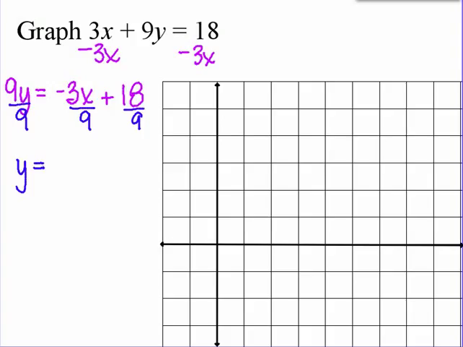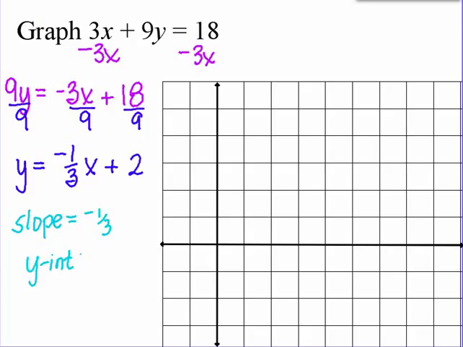So now I have negative 3 over positive 9, which is negative 1/3 x. 18 divided by 9 is 2. So now identifying the slope. As I said earlier, the slope here is negative 1/3. The y-intercept is 2. So I'm going to start at the y-intercept of 2.